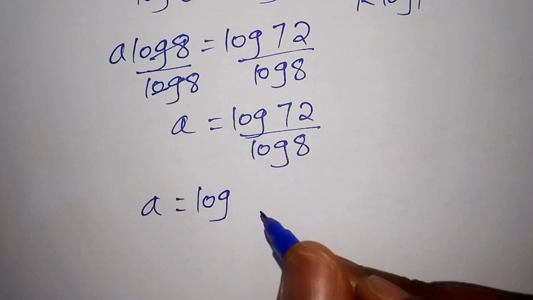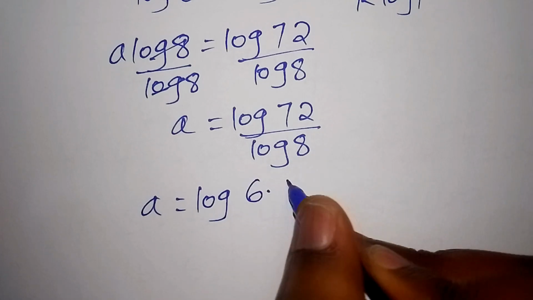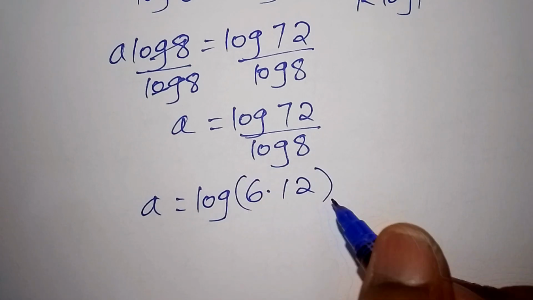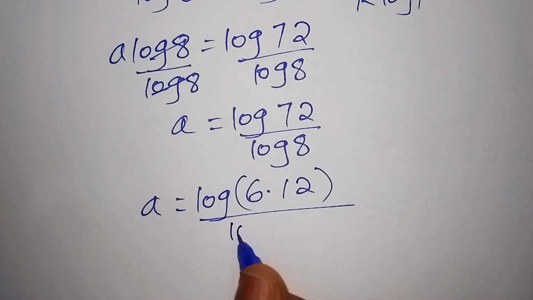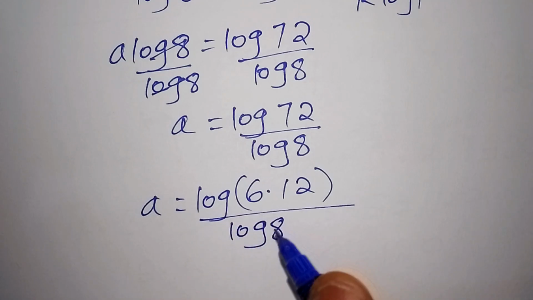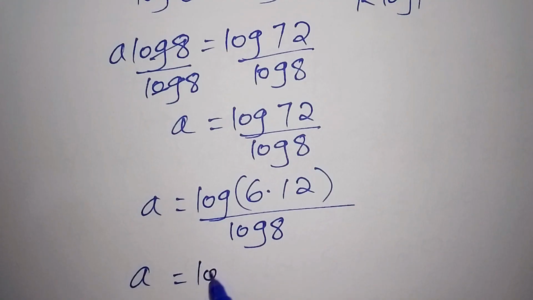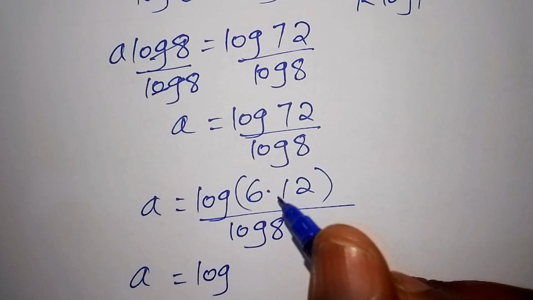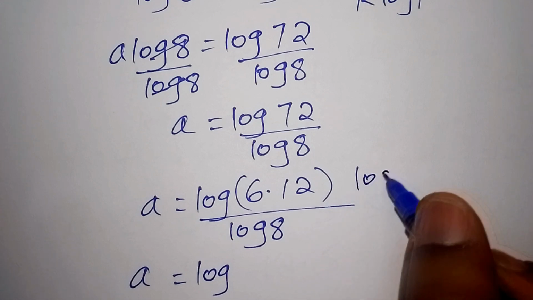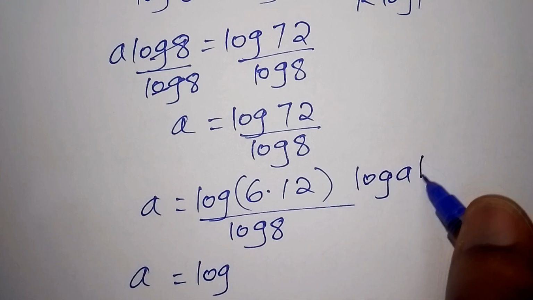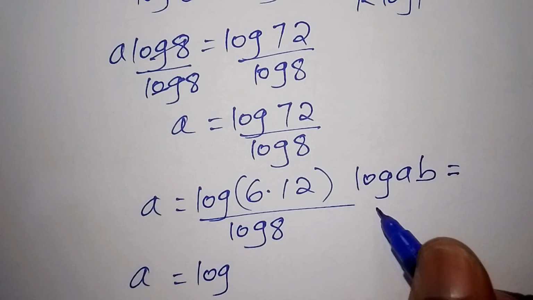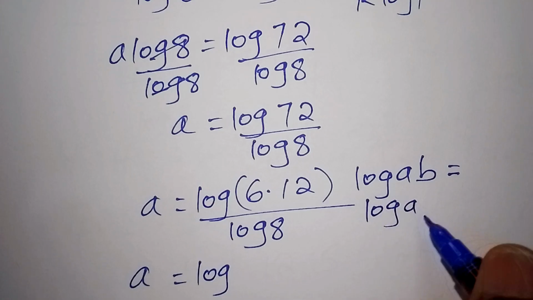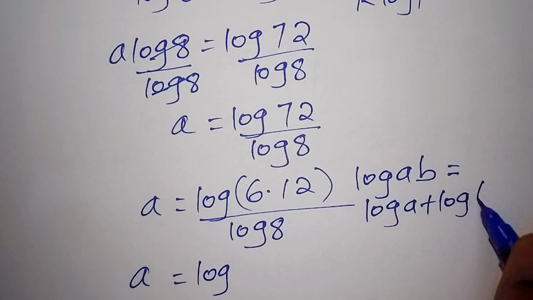So the log of 72 can be written as the log of 6 multiplied by 12, in bracket, all over the log of 8. When you have, for example, the log of a multiplied by b, we can write it as the log of a plus the log of b.